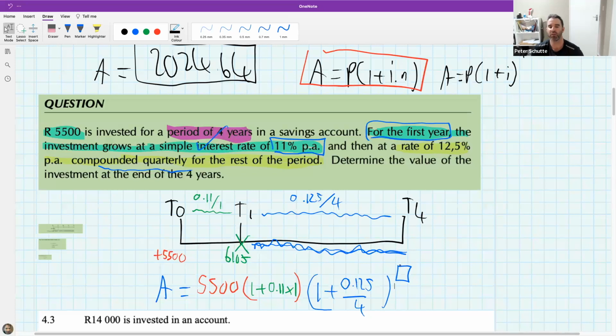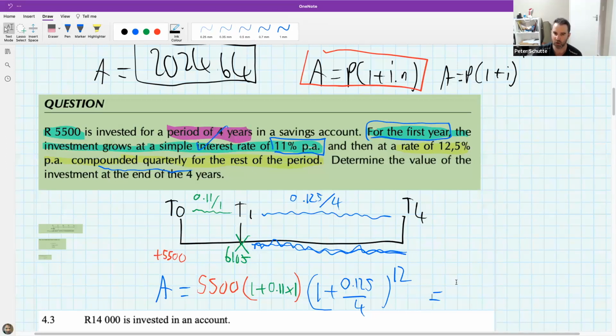How many quarters are there? So you have, I see the answers coming in now, 3 years, but I don't want 3. I want 3 times 4, which is 12, because it grows for 12 quarters in those 3 years.